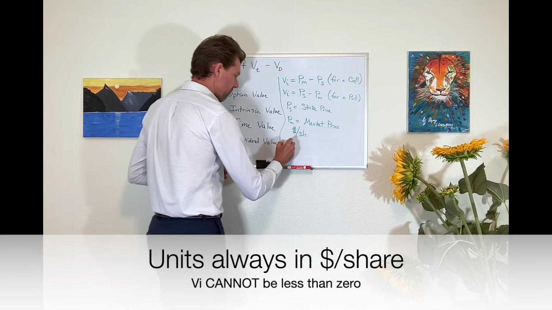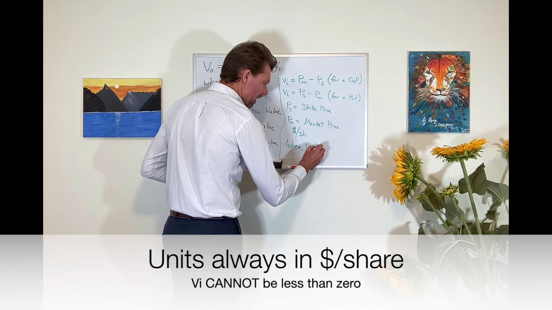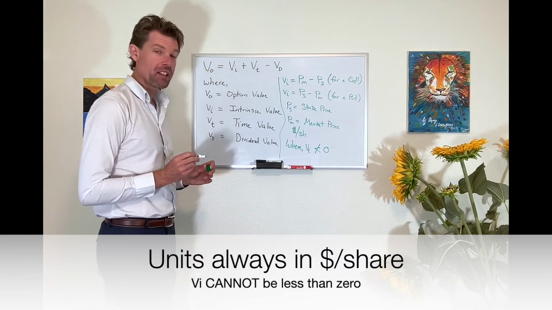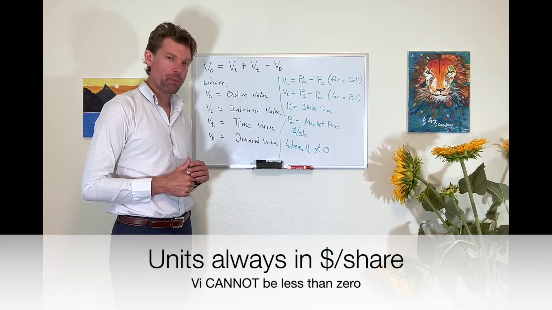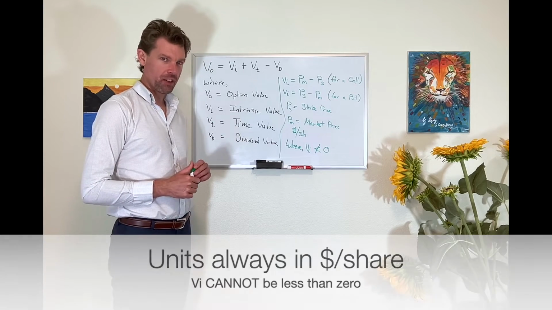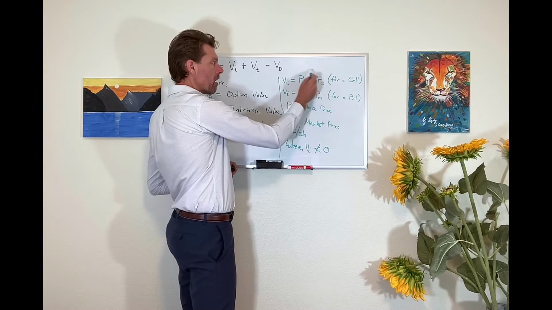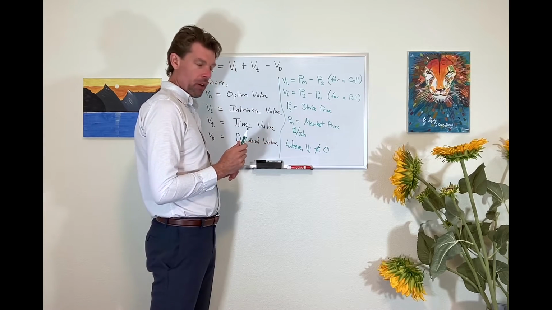Where VI cannot be less than 0. Okay, that's an important point. You cannot have an intrinsic value of an option that is less than 0. So anytime that you have this component here as negative, then VI is simply 0.